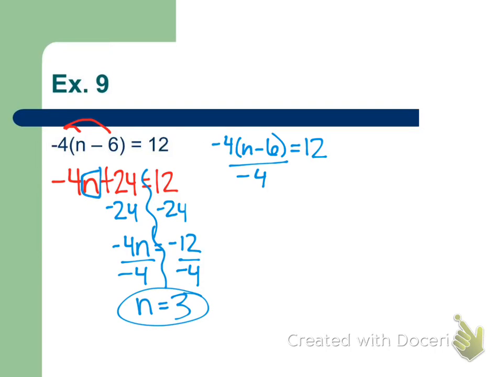So we divide both sides by that negative 4. That leaves us with n minus 6 is equal to negative 3. And then we add 6 to both sides. We still get that n equals 3. So either way you do that one, you should have ended up with n equals 3. It does not matter to me which way you do it, as long as you show your work and you do it correctly.